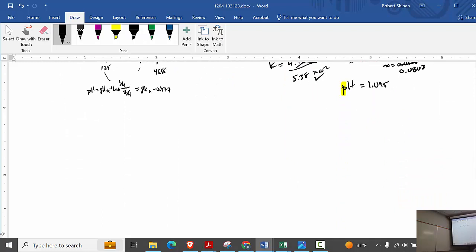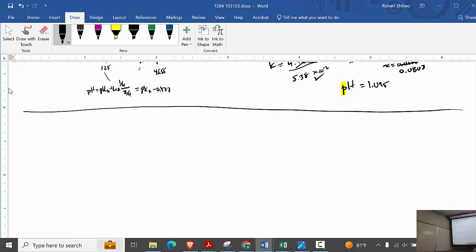So in the buffer region, we don't have to do step 1, step 2. However, once we get to the first equivalence point, then we have to revert back because we're no longer in the buffer region. And so when we go to the first equivalence point, we're going to have plus 50.0 milliliters of sodium hydroxide solution.